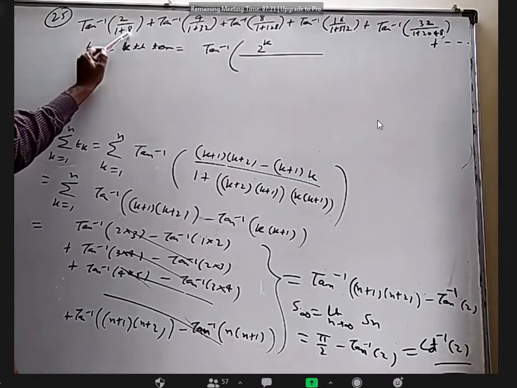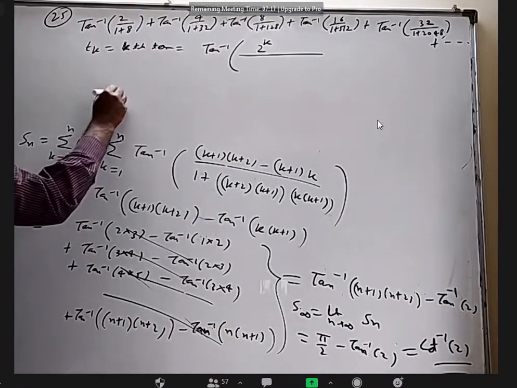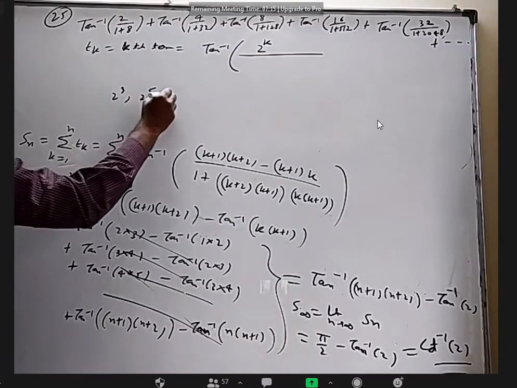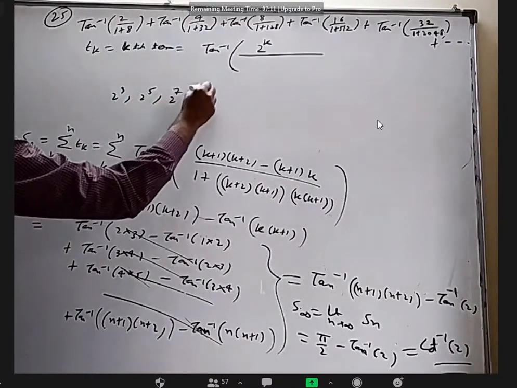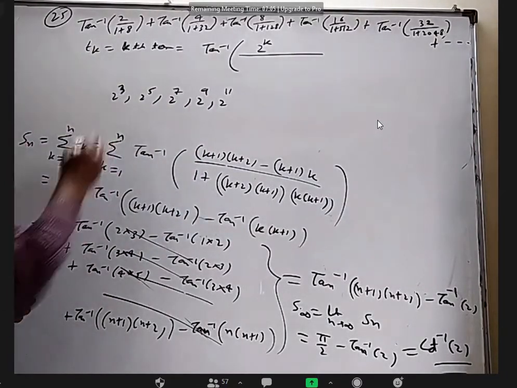This is 2 cube. This is 2 power 5. 8 is 2 cube, plus 2 power 5, 2 power 7, 2 power 9, 2 power 11. Or 2k plus 1. It is not k plus 1.